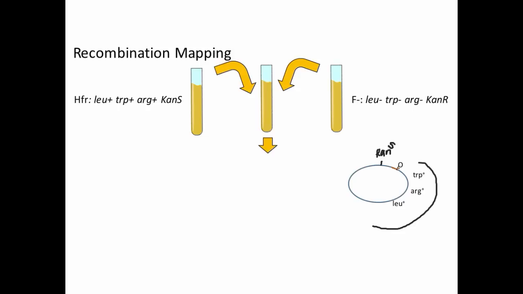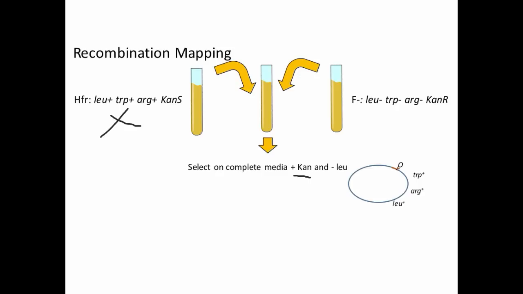So in order to do that, we need to plate our cells out on media that has kanamycin, again because we want to select for our F- cells only, so we're going to get rid of our HFR cells. And to select then for the F- cells that have received the entire region of interest, we are going to plate these out on media lacking leucine, so that only the F- cells that have received the entire area of interest that we are considering will be able to grow on media lacking leucine.